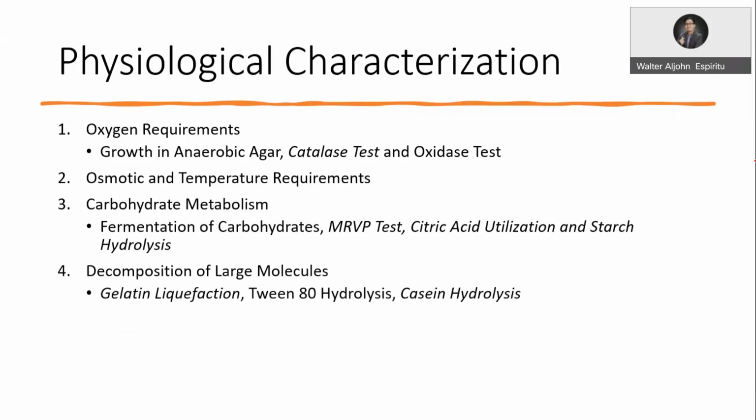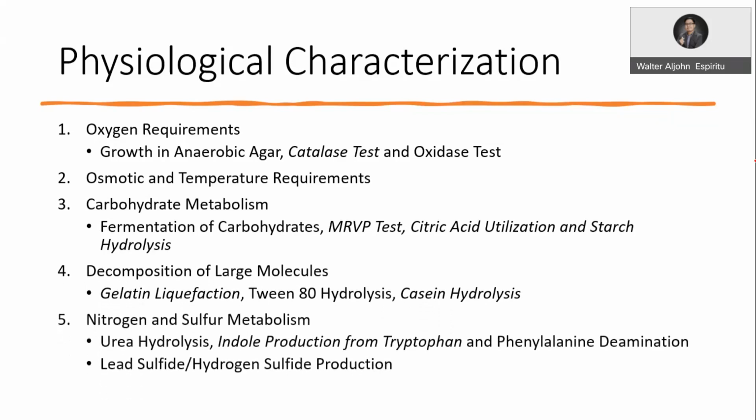Then we also have the decomposition of macromolecules: the gelatin liquefaction test, the Tween 80 hydrolysis test, and the casein hydrolysis. For nitrogen and sulfur metabolism, you will assess the capability of your bacteria to metabolize certain nitrogen-containing compounds. We have urea, indole production from tryptophan, phenylalanine, as well as the production of lead sulfide or hydrogen sulfide.